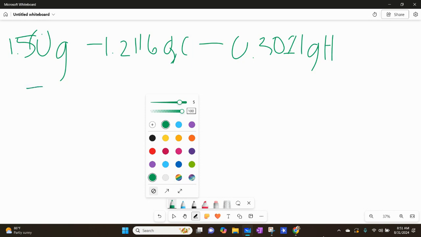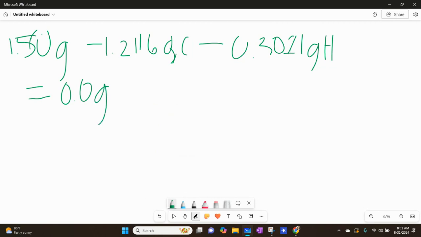And we are going to get 0.0 grams. This tells us that there is absolutely no room for oxygen in this sample. So we know our sample is made up of only carbon and hydrogen.